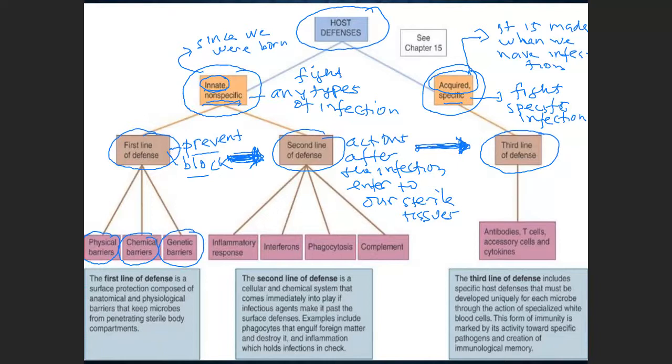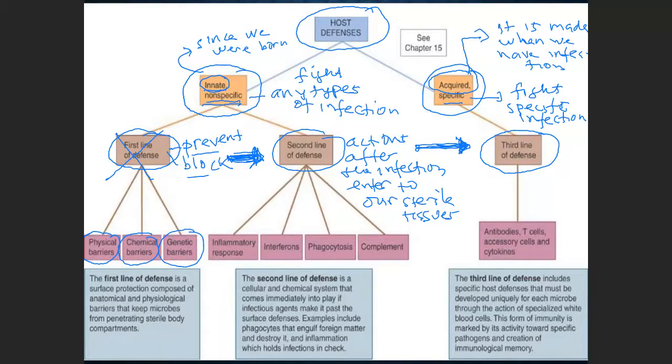So this is a kind of genetic barrier for some people that have special genes to fight against specific infection. So this is the first line of defense, which is mostly prevention or blocking the entrance of disease.